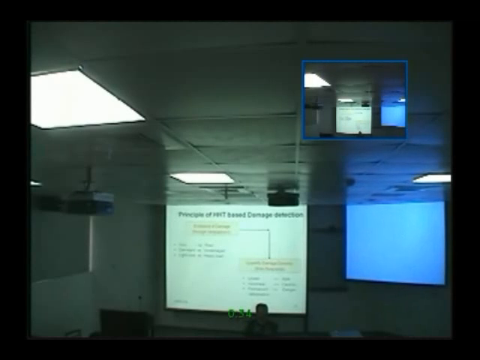If the load is light, it certainly has to be in the linear range. And if you keep adding load until the load becomes very heavy, and the structure is still linear, that means the structure is safe.